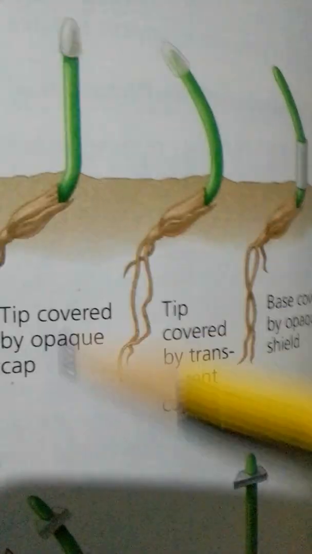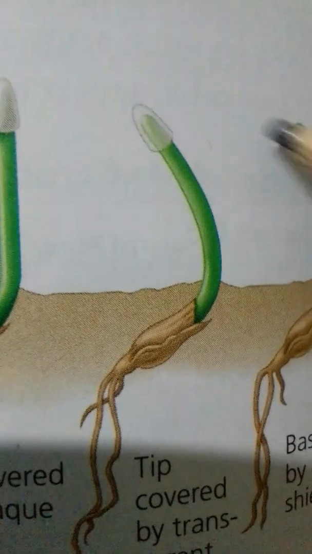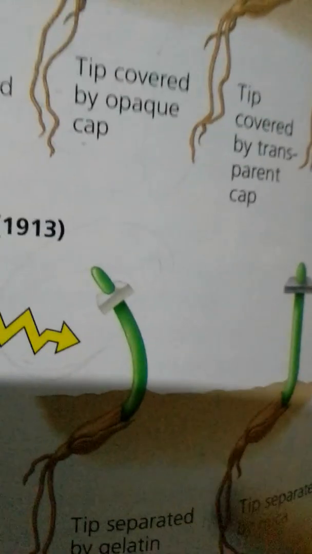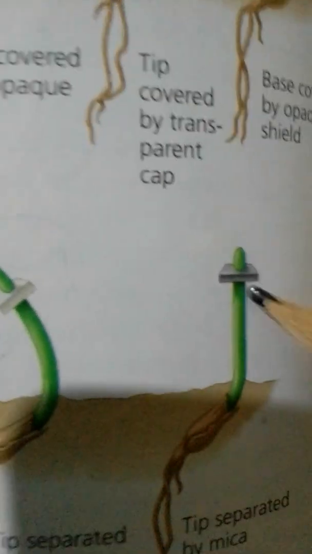Notice also tip covered by a transparent cap, and notice tip base covered by opaque shield. Notice the Boysen-Jensen, 1913, light, tip separated by a gelatin block, and notice also tip separated by mica.